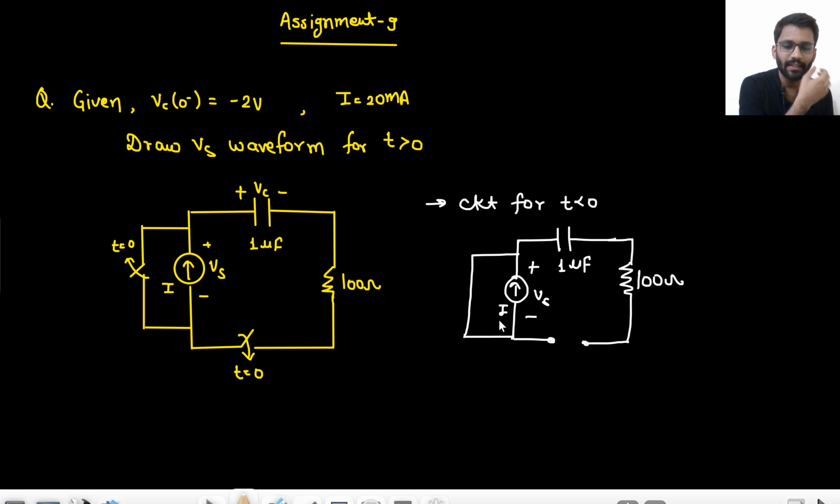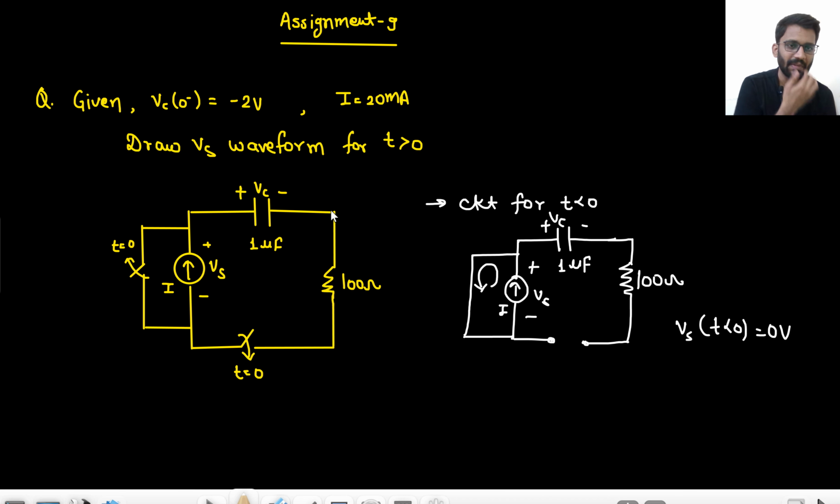So tell me, where will this current go? This current will just keep on flowing in this loop because this end is open circuited and this end is open circuited, so the current will not flow there. Basically this complete path is short circuited, so your Vs for t less than 0 is always 0. The capacitor is holding minus 2 volt charge.